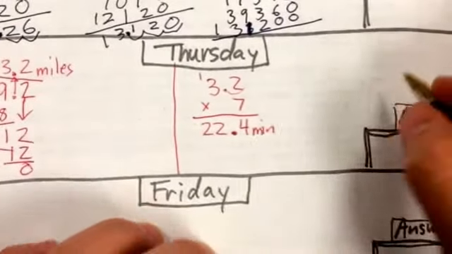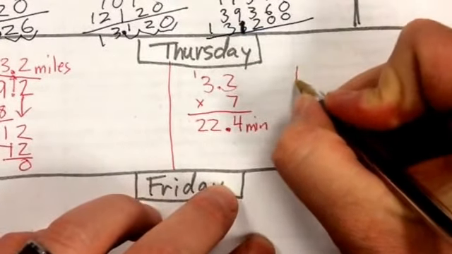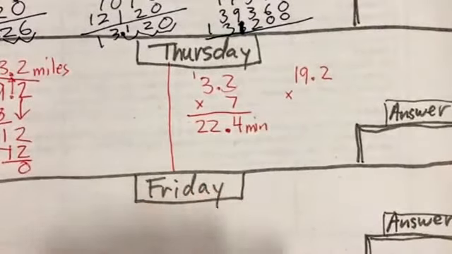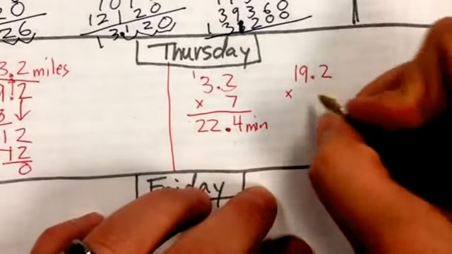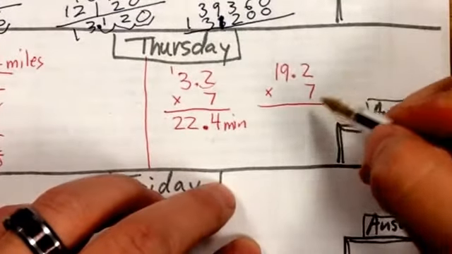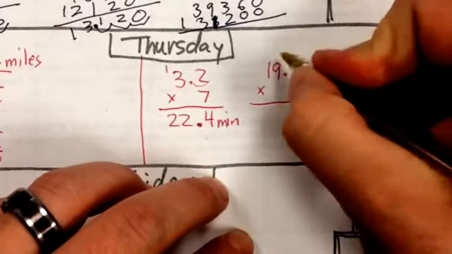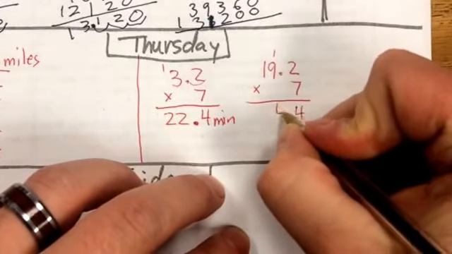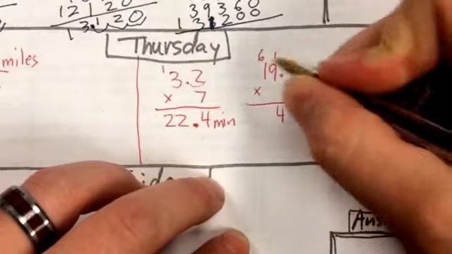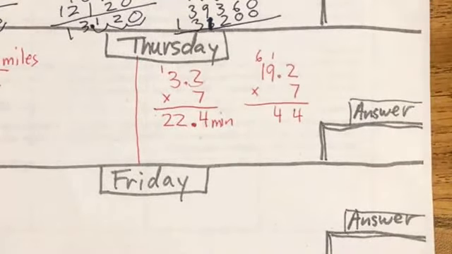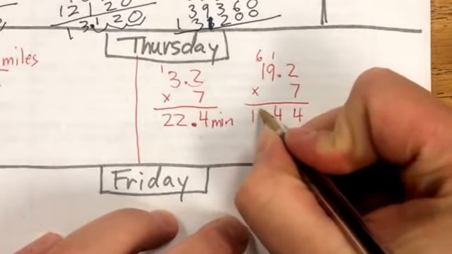Okay, but he also ran a total of 19 2/10 miles in all of his races. So I'm also going to take 19 2/10, and I'm going to multiply that by 7 because it takes him 7 minutes to run a mile. 7 times 2 is 14. Put your 4 down, carry your 1. 7 times 9 is 63, plus 1 is 64. Carry your 6. 7 times 1 is 7, plus 6 is going to get us 13.